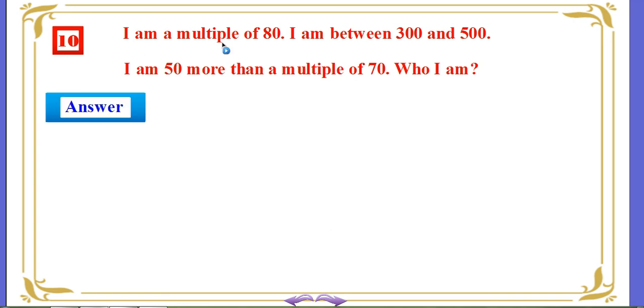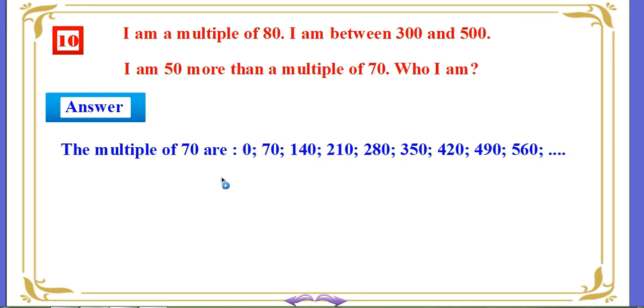The multiples of 70 are 0, 70, 140, 210, 280, 350, 420, 490, 560, and more.